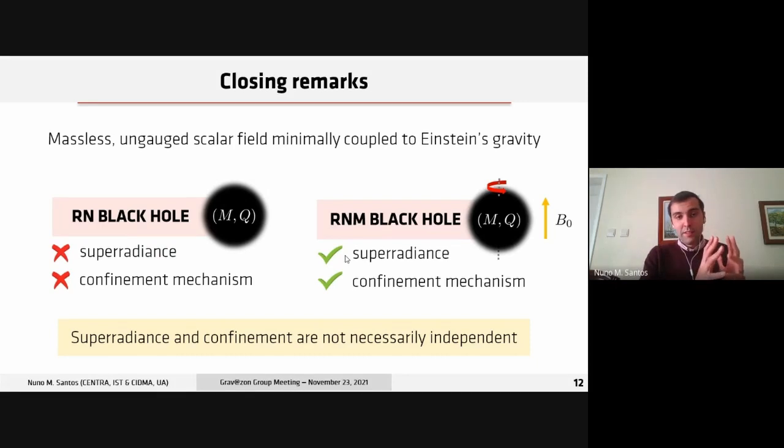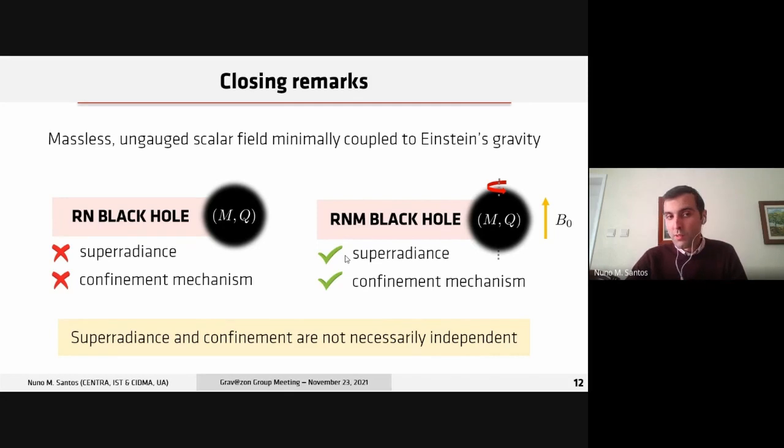If this same system is immersed in a uniform magnetic field, the black hole starts spinning because it's charged. It acquires an ergo region and therefore becomes prone to superradiance. Okay, and on the other hand, the magnetic field provides a natural confinement mechanism.